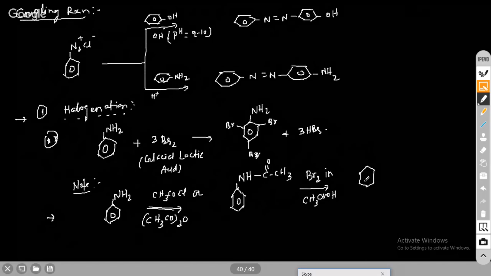So at this position we have the same group, NHCOCH3, and here we'll get the ortho bromine plus the para substituted bromine, NHCOCH3 and bromine here. Now this product is allowed acidic hydrolysis, right? Then H plus will attach onto this nitrogen and this group will come out as it is.